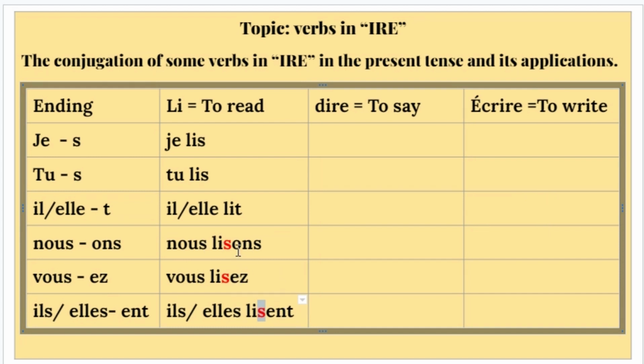Now we are going to take dire, the verb to say. The same thing is going to apply for the first and second person singular, but for the first, second and third person plural, we are going to have some slight changes. As usual, we are going to remove the RE.